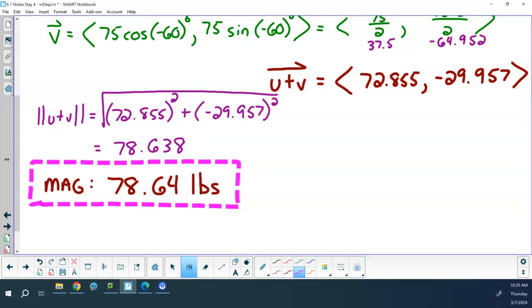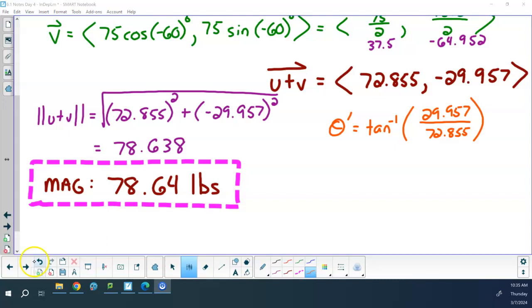Then we can find our reference angle. Gives me a reference angle of 22.11 degrees.